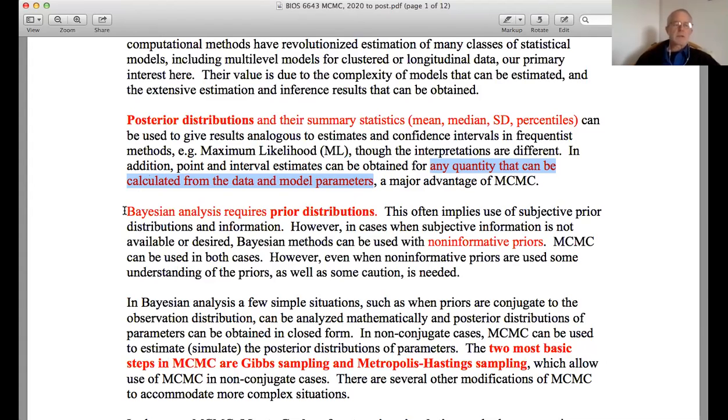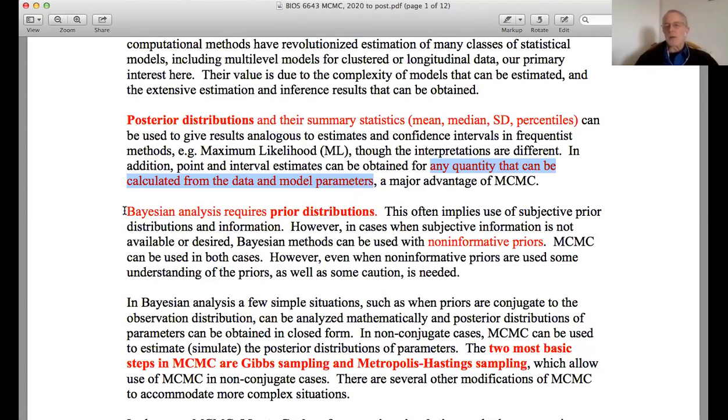This is a little sticking point. Bayesian analysis requires a prior distribution. And there's this huge controversy. It may be the main reason why there's a bit of a rift between Bayesians and frequentists, because frequentists say, well, yeah, but you have to use subjective information in your prior.